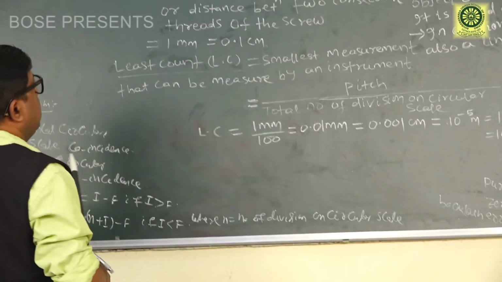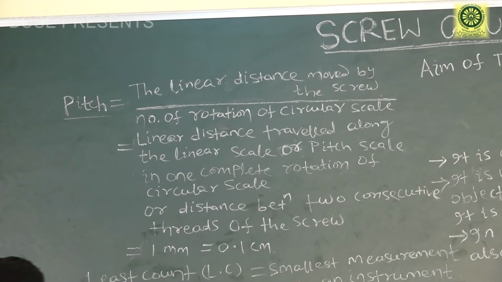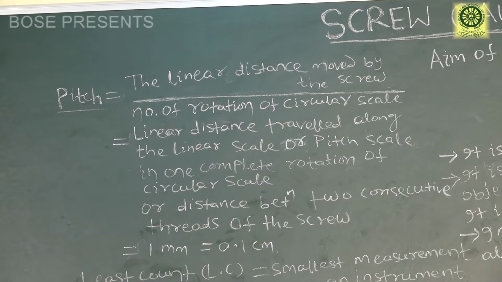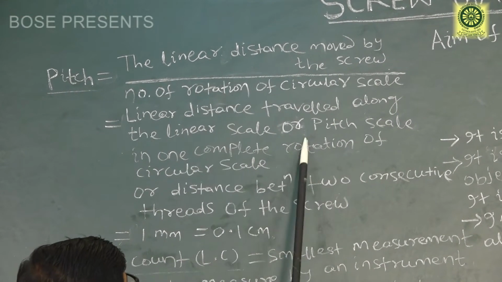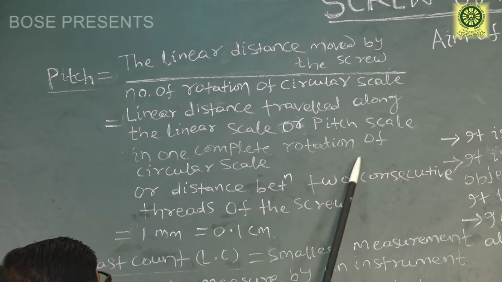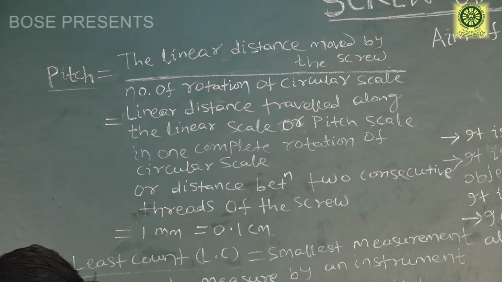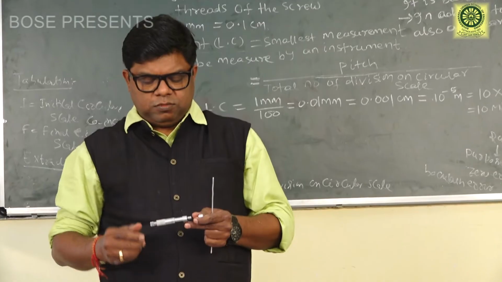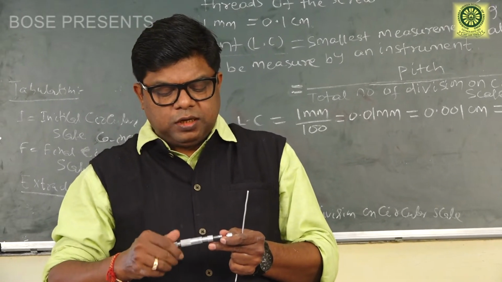The pitch is the linear distance moved by the screw divided by the number of revolutions of the circular scale, or the linear distance traveled along the linear scale or pitch scale in one complete rotation of the circular scale, or the distance between two consecutive threads.